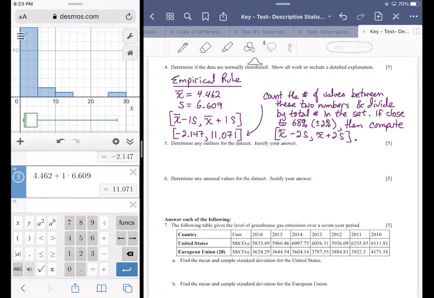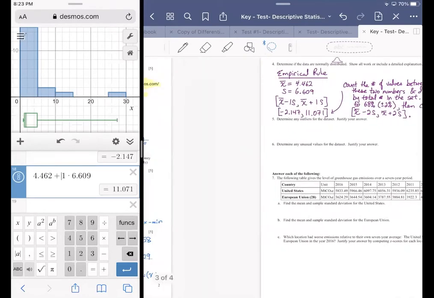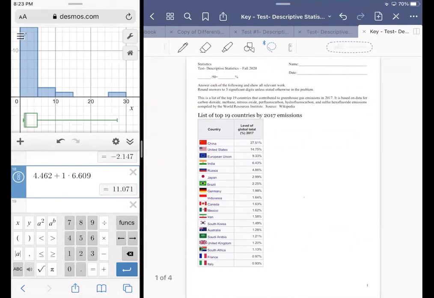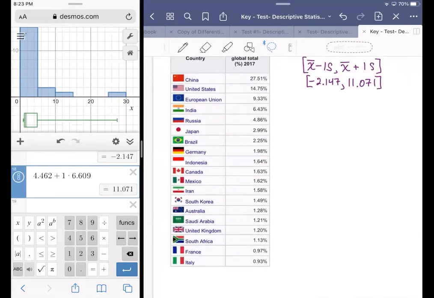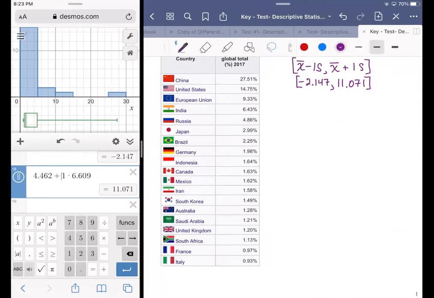I'm looking for the total number of values that are between negative 2.147 and 11.071. In this data set, I'm just going up the line and saying, which values are within this interval?